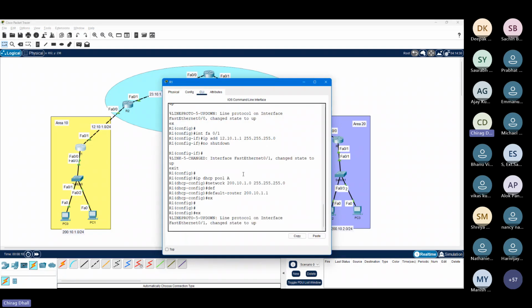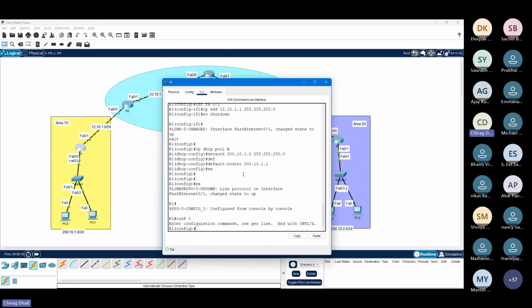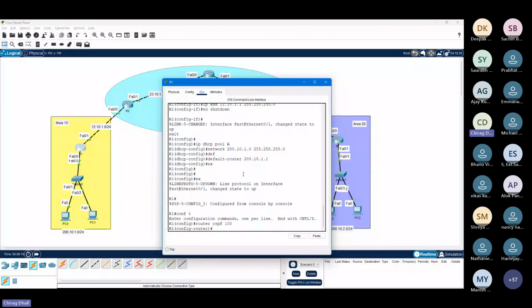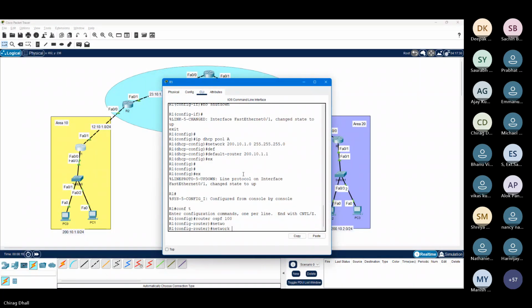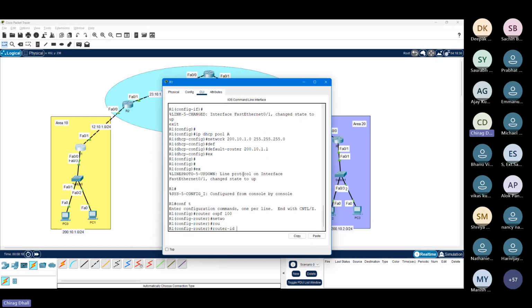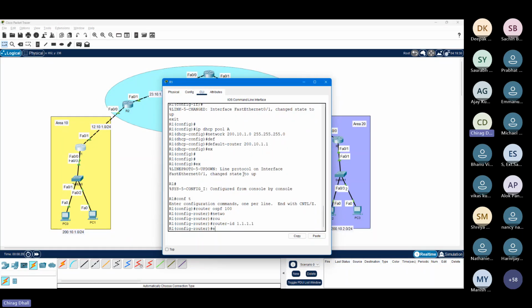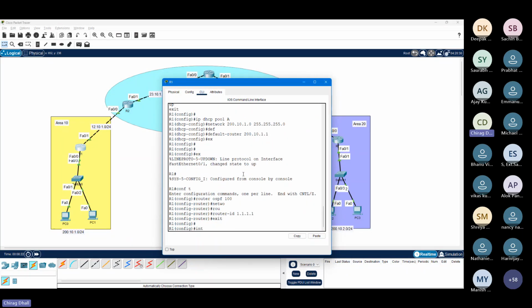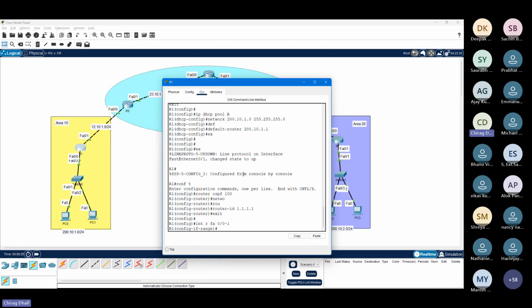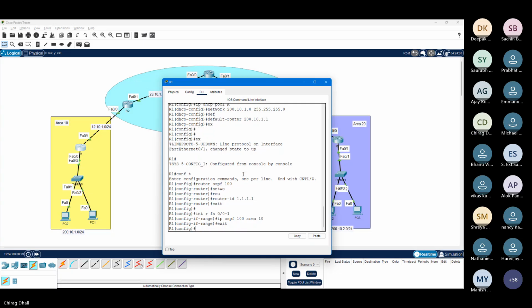I'll go to R1, config t, router ospf 100, router-id 1.1.1.1, exit, interface range FA0/0 to 1, ip ospf 100 area 10, exit.